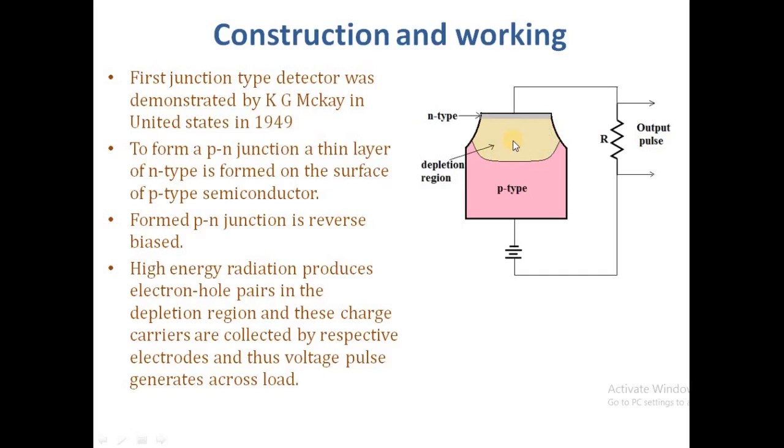That is, electrons will drift towards the positive side of the battery, and the holes will drift towards the negative terminal of the battery. Therefore, a momentary current flows through the external circuit which generates a voltage pulse across the load resistor R. Thus, the semiconductor PN junction acts as a nuclear radiation detector.